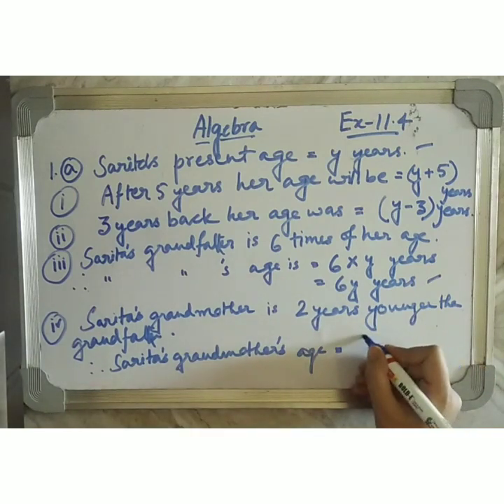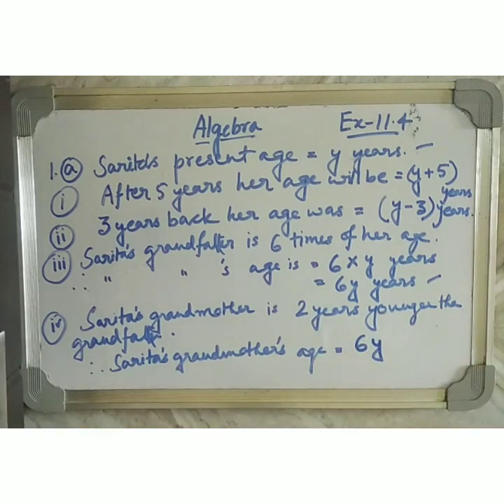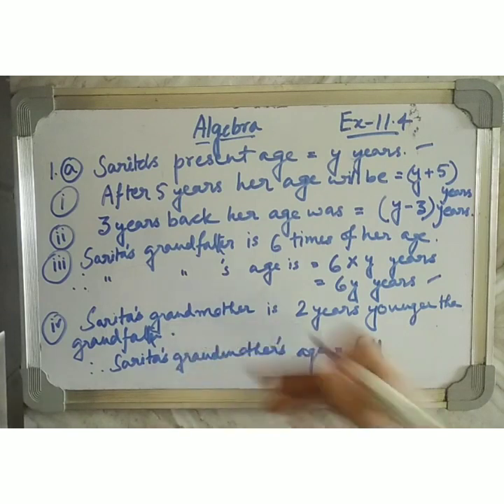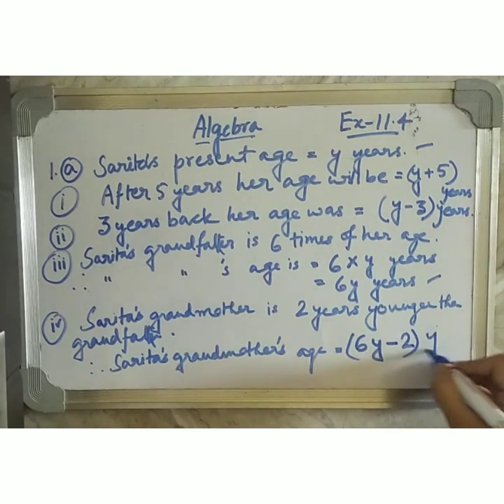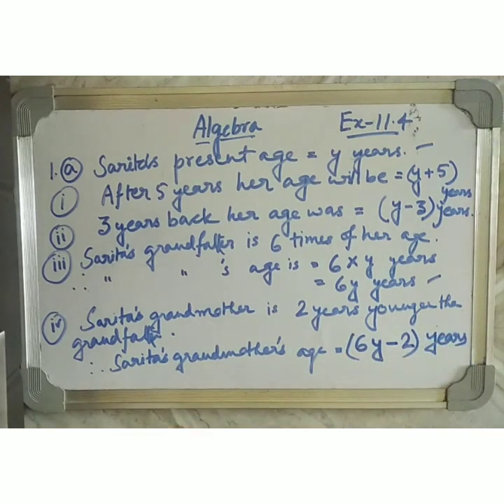So 6y years was the age of Sarita's grandfather. Sarita's grandmother is 2 years younger than her grandfather, so 6y minus 2 years will be the age of Sarita's grandmother. Now let's come to the next sum.